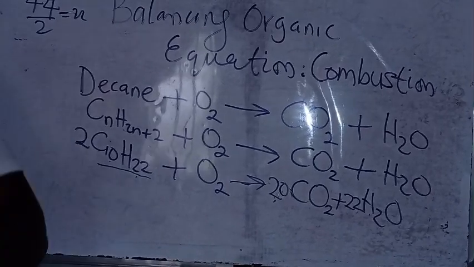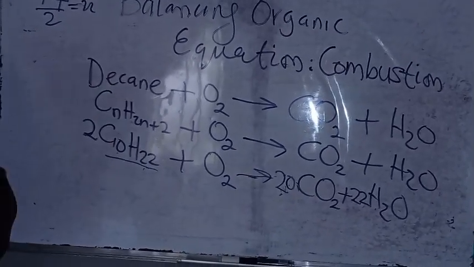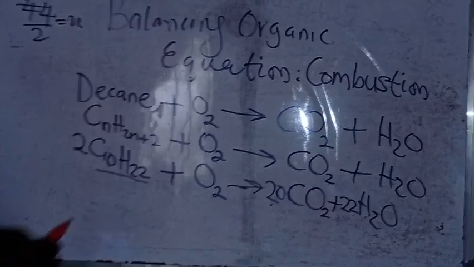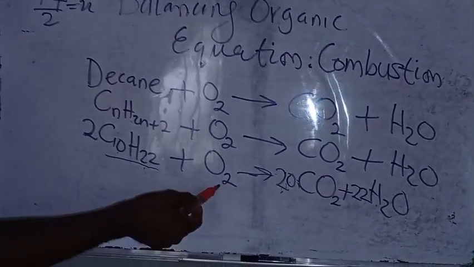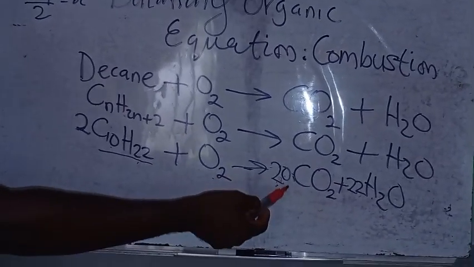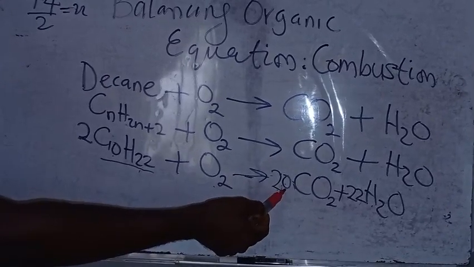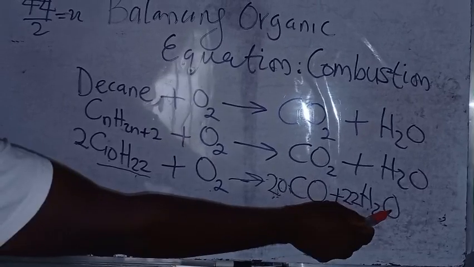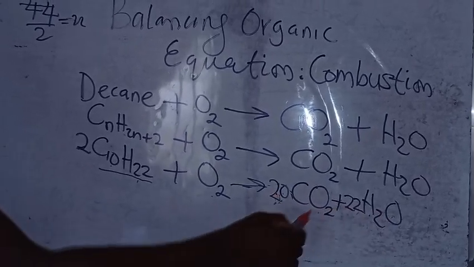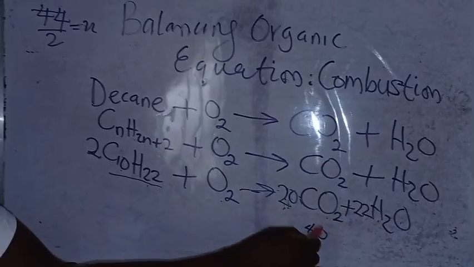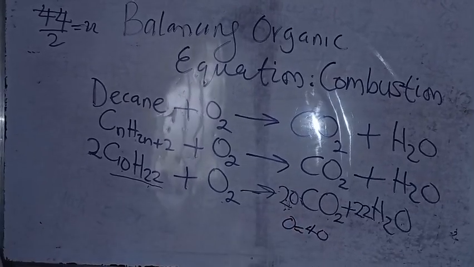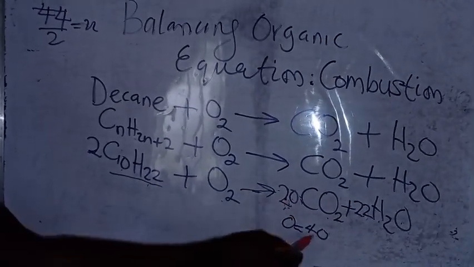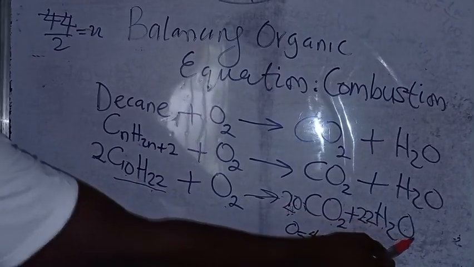So you can see that it's completely different from the way you balance an inorganic equation. Now at this side we have 2 atoms of oxygen. At this side we have 40 atoms of oxygen here plus 22. Can you see that? 20 times 2, that's 40. Is that not so? That is oxygen atoms. 20 times 2, that's 40. 22 times 1, that's 22.